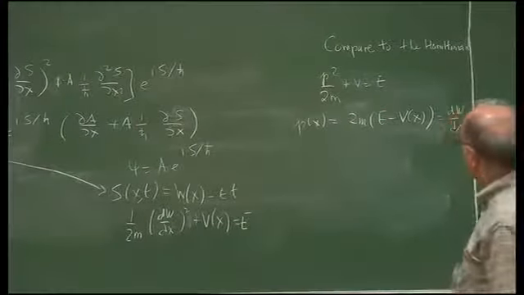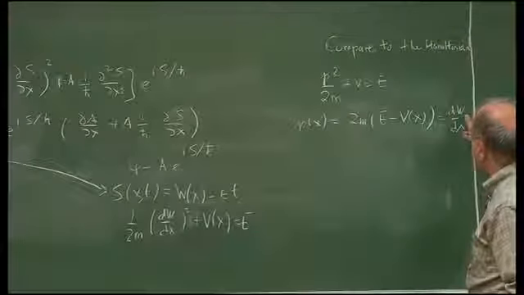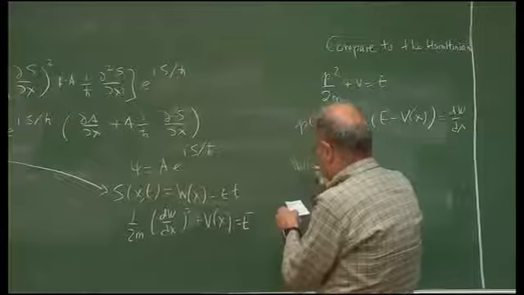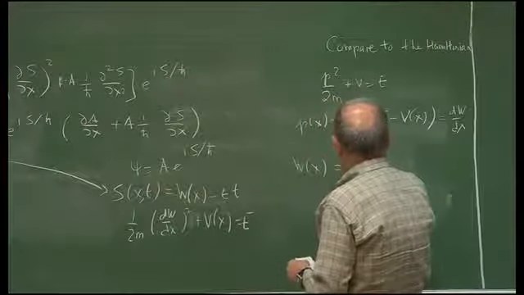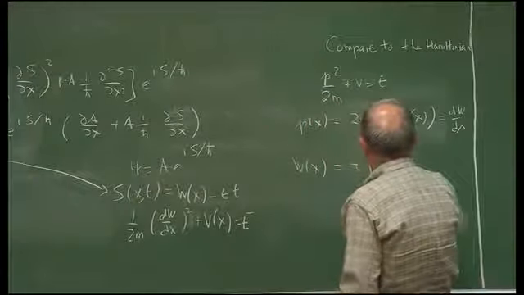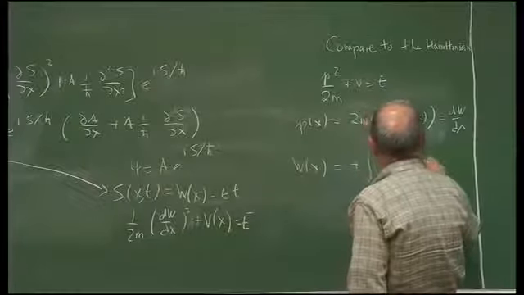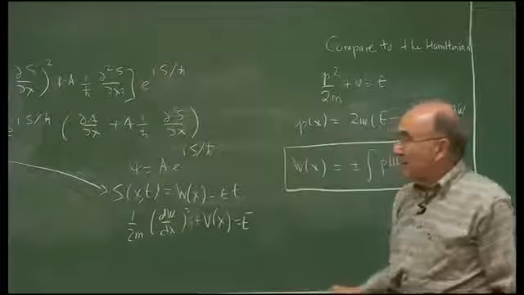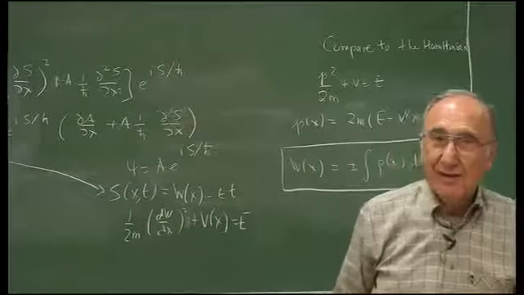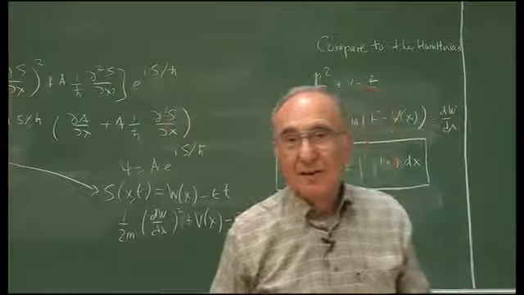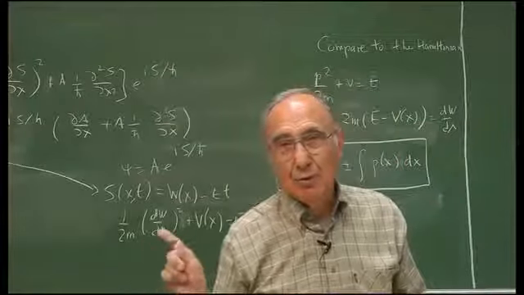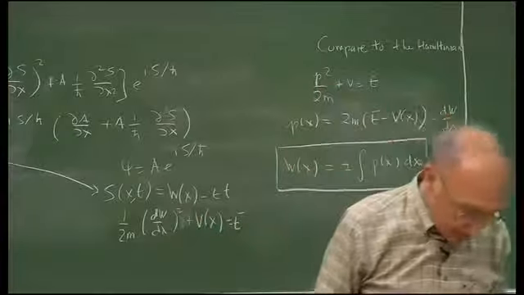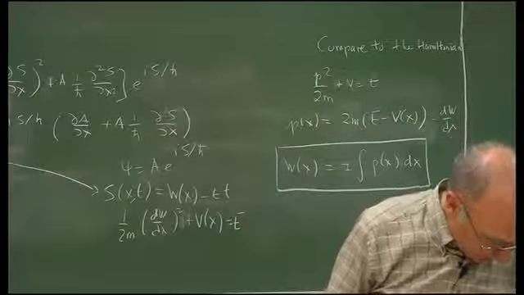Of course, we can integrate this equation and get that W of x is plus or minus the integral of p of x times dx. This is going to play not only a vital role in classical mechanics, but also in quantum mechanics in this approximation.